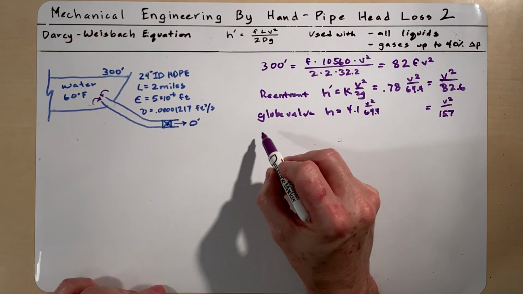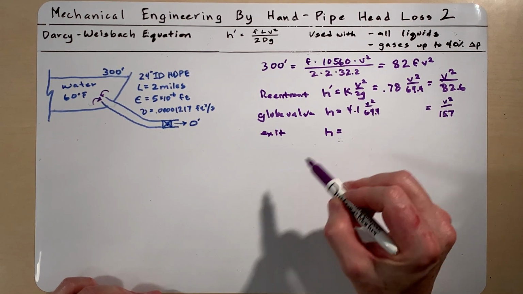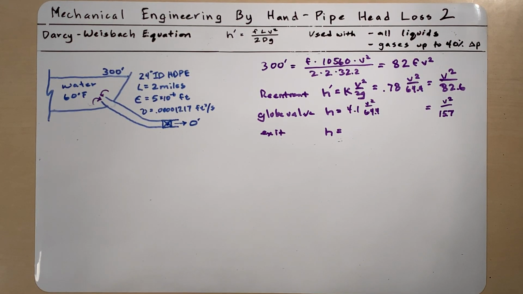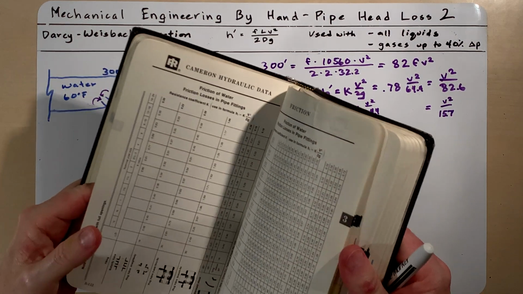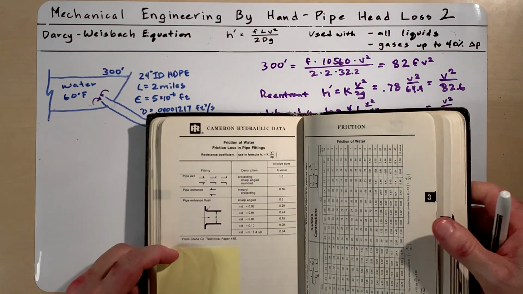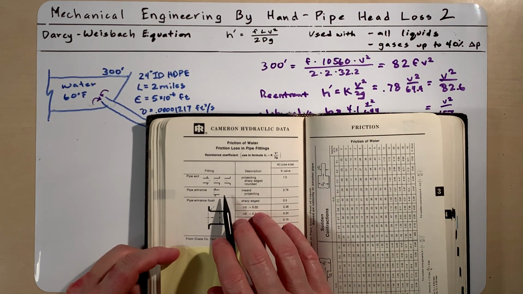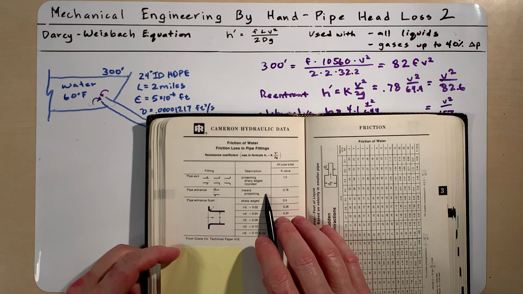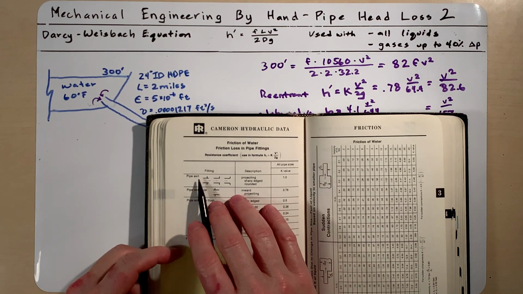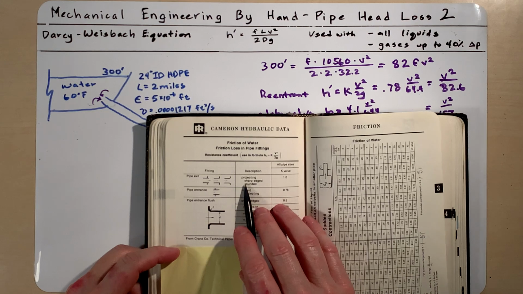And then the exit, these are always easy to remember because they're 1, but I'll show you where they list it. Right here, pipe exit doesn't matter what shape it has.